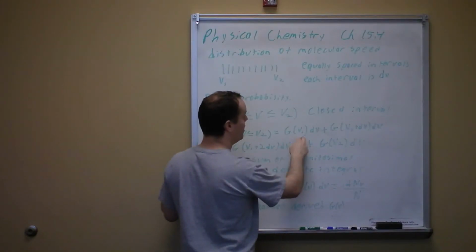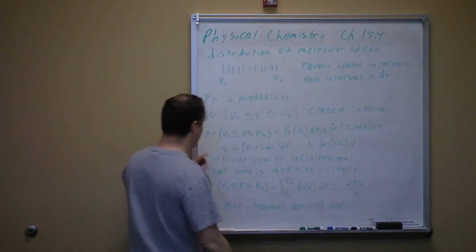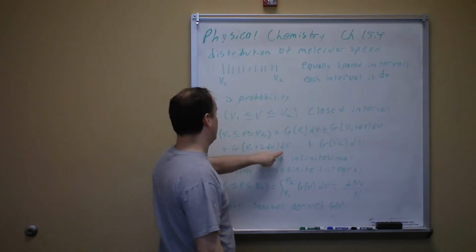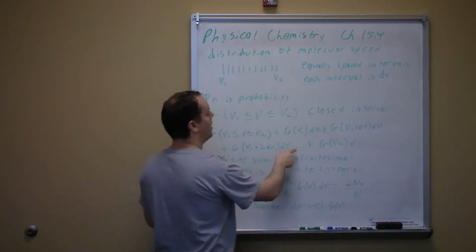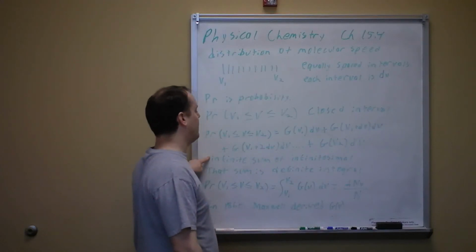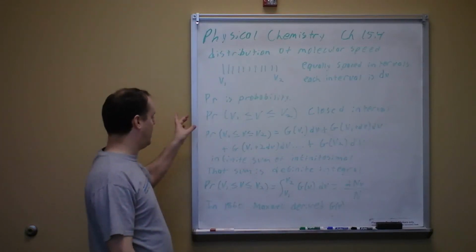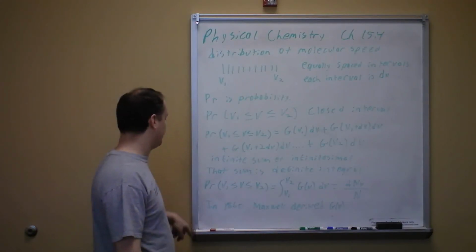So that's equal to g of v1 dv plus g of v1 plus dv dv plus g of v1 plus 2 dv dv plus g of v1 plus 3 dv dv, etc., all the way up to g of v2 dv. Now that's an infinite sum of infinitesimal sized spaces, so obviously this is going to be a definite integral.